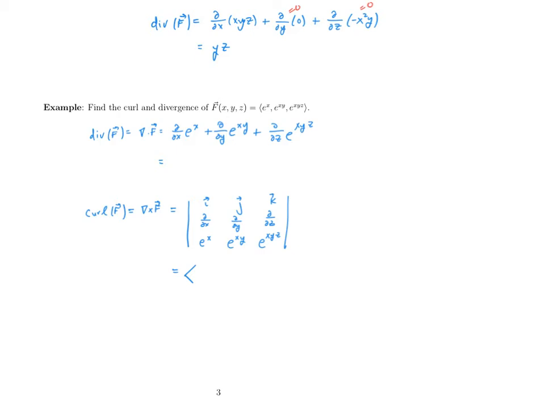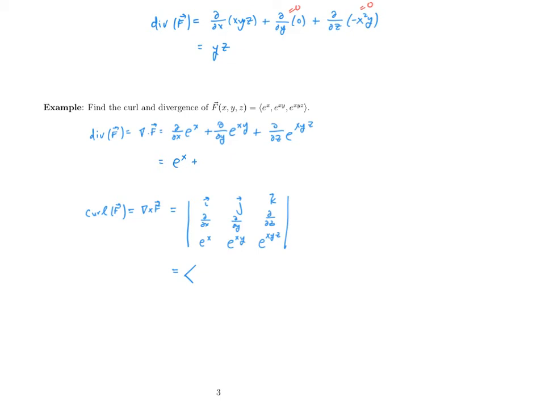And hopefully you've paused the video for a few minutes and you've already worked through these computations. So I have a starting point. The divergence of F is del dotted with F, so the partial with respect to x of e to the x, plus the partial with respect to y of that middle entry.